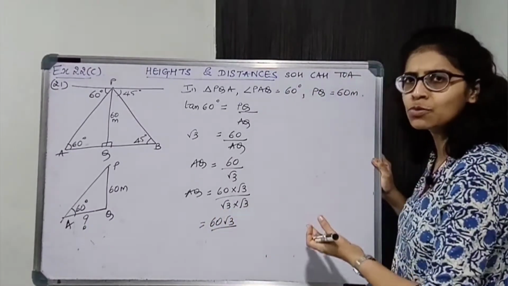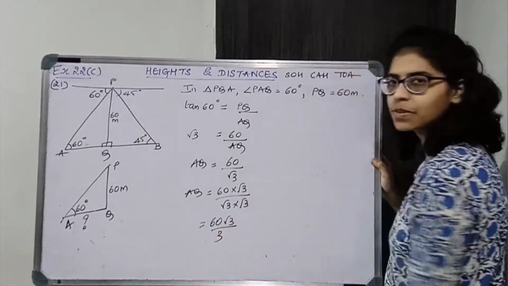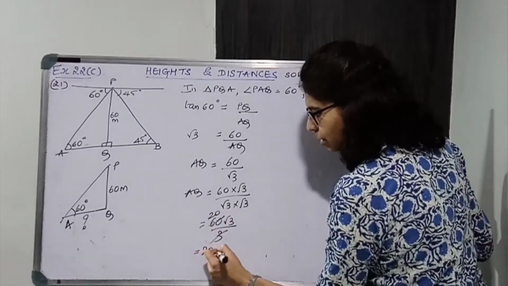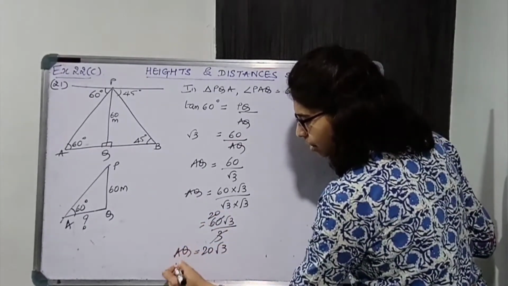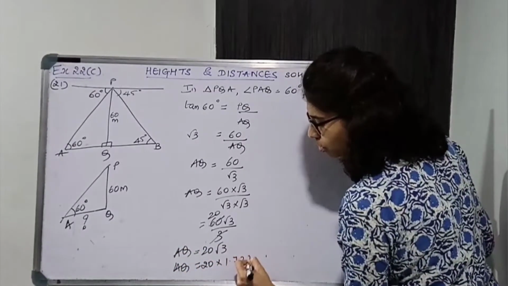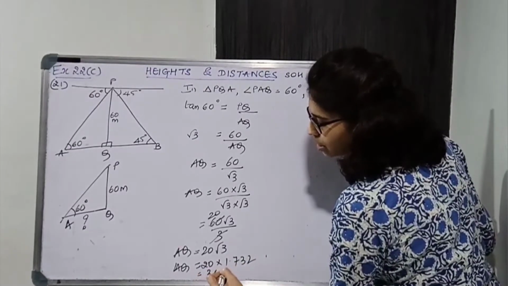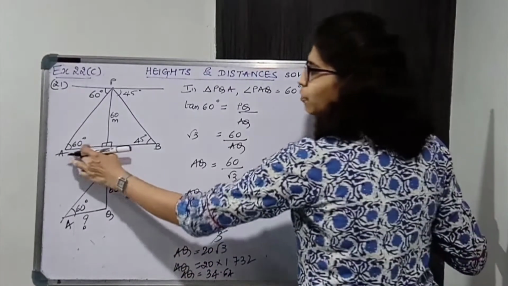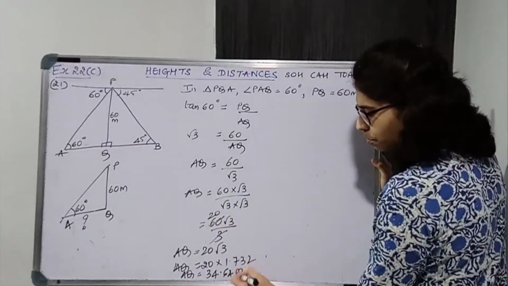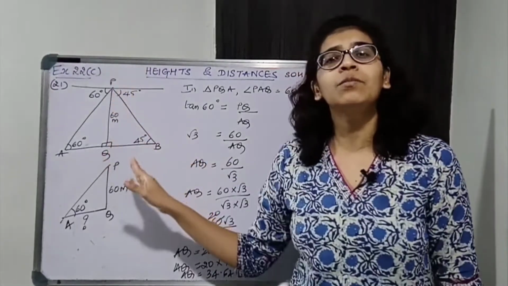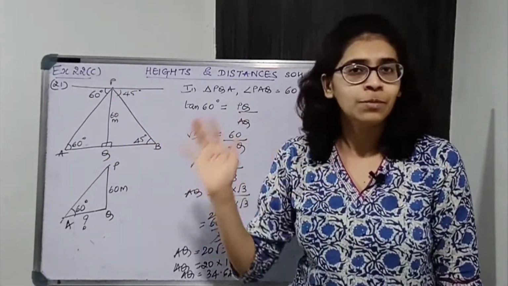Square root of a number into square root of the same number gives the number. Square root vanishes. 3 20s are 60. So 20 √3. So it is 20 into 1.732. This is 34.64. Okay. So AQ we found. Okay, 34.64 meters. Alright, don't forget to put correct unit. Height is given in meters, so distances and heights all will be in meters.